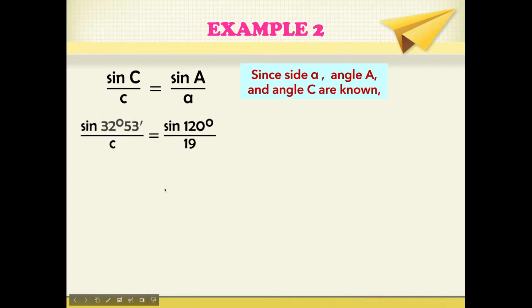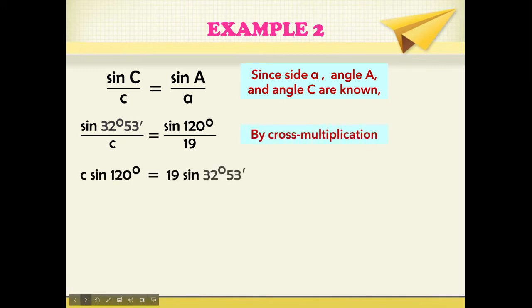So by substitution, we get this. Sine of 32 degrees 53 minutes over C is equal to sine of 120 degrees over 19. By cross multiplication, we will get C sine 120 degrees is equal to 19 sine 32 degrees 53 minutes.